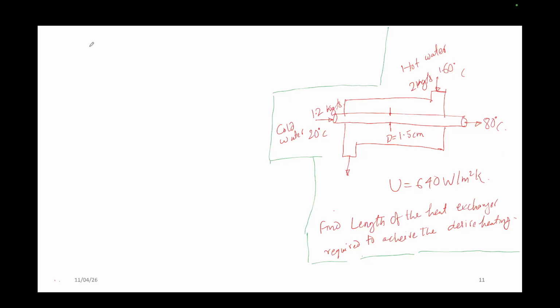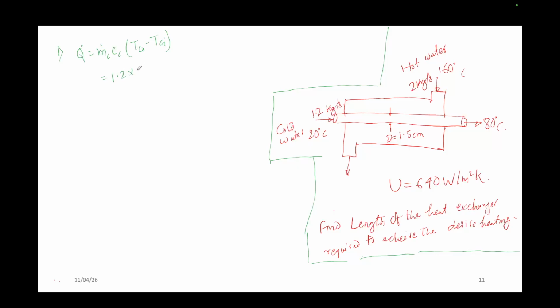So first, what is the first step you say? Heat on the cold side. Okay, that means inside this tube you're talking. So what would be the value? Q dot equal to m dot C CC (TCO minus TCI). So m dot C is 1.2.